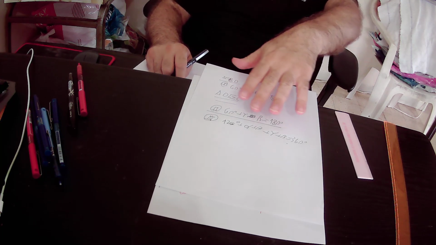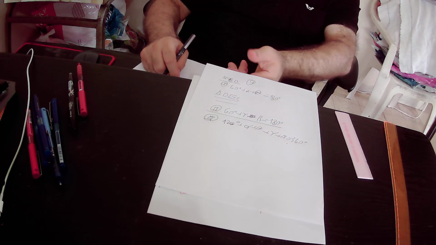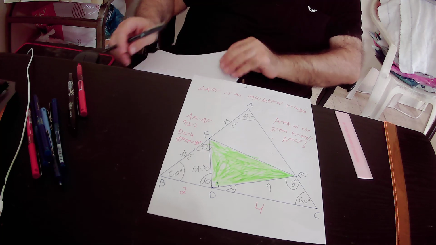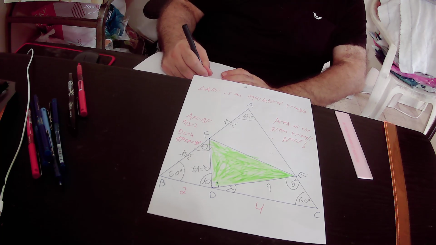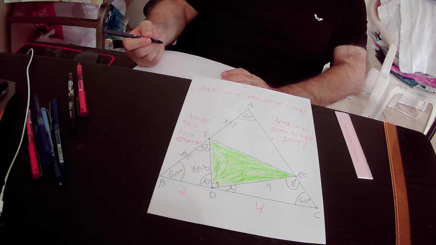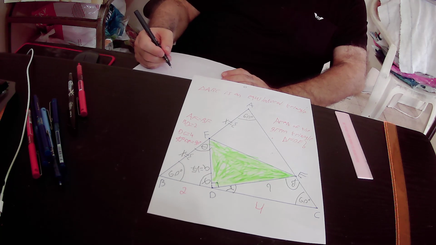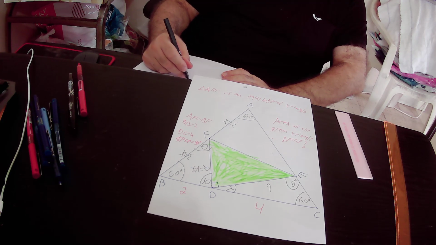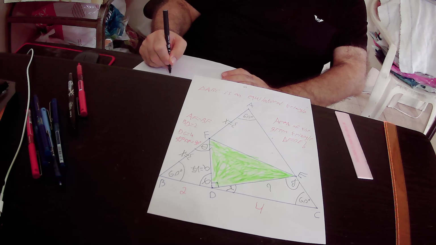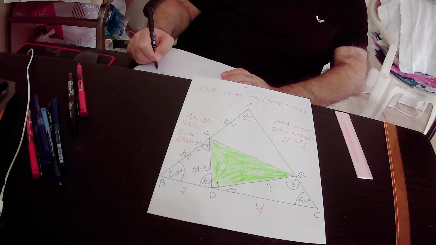So here we can subtract 120 degrees from equation number 3, and we will get that alpha plus theta plus gamma plus beta equals 240 degrees.